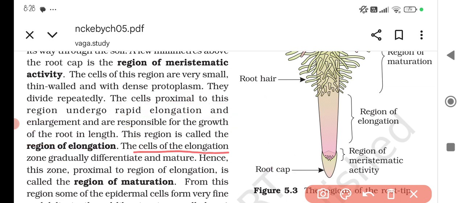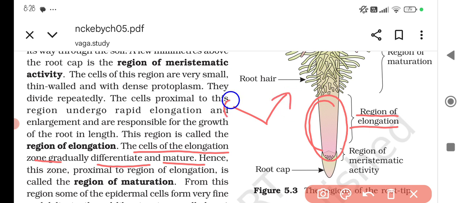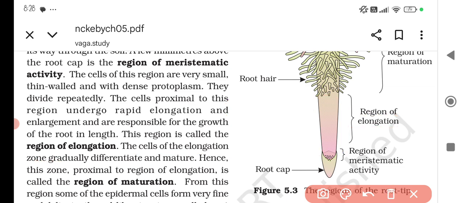The cells of the elongation zone gradually differentiate and mature. When the cells present in this region get specialized to perform a specific function, that is called differentiation. When the cells get differentiated, that is, matured, they become a part of the region of maturation.